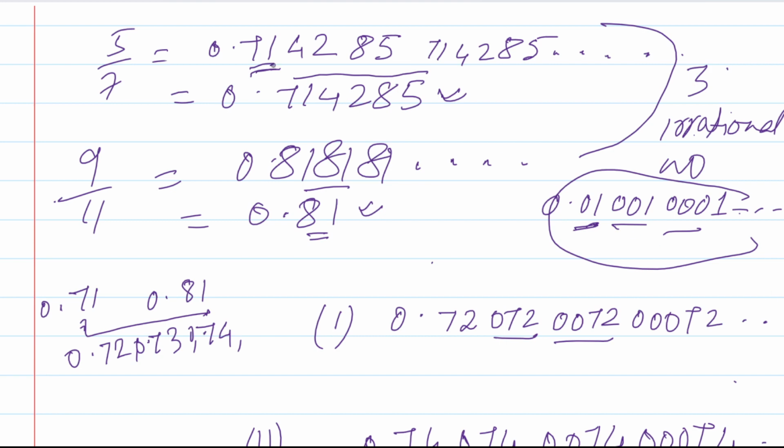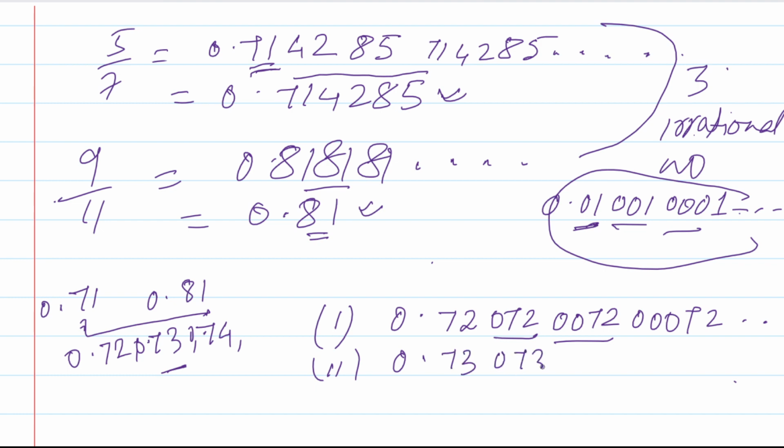Only take the first two digits. For the second one, I'll start with 0.73, again 0.73, then 0.073.